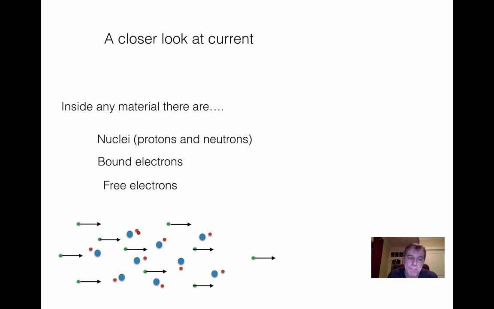Now keep in mind that here I'm drawing the electrons. You have free electrons moving to the right, but when we talk about current and the definition of current, we think in terms of fictitious positive charges. So for every free electron here that has a negative charge, moving to the right, I invent a fictitious positive charge with the same charge as the electron but positive, moving in the opposite direction.